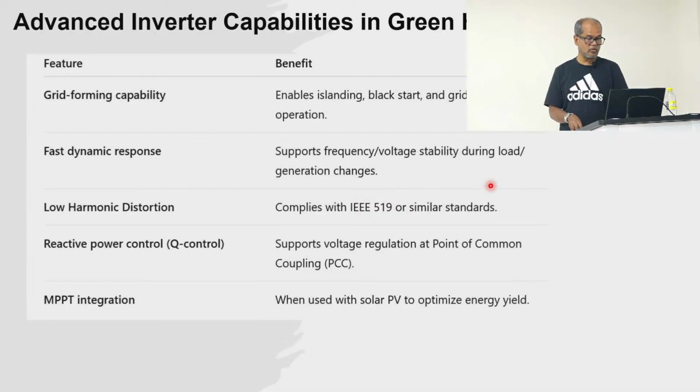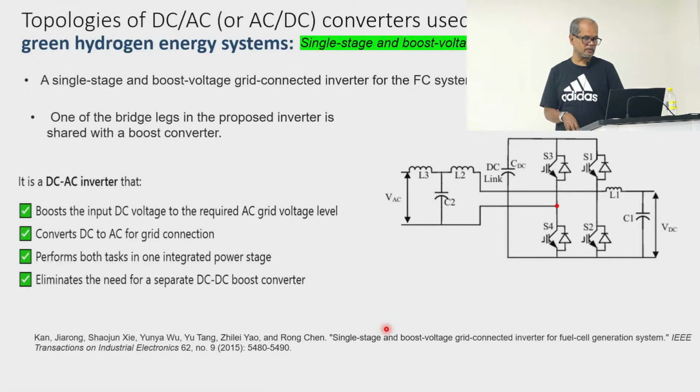Definitely, like all other devices, it should satisfy the standard in terms of power quality, as I mentioned, less than 5%, and it should also provide voltage regulation at the point of common coupling. And when we are using solar, it should also do MPPT with the DC. Now here you can see one of the solutions for use in the fuel cell.